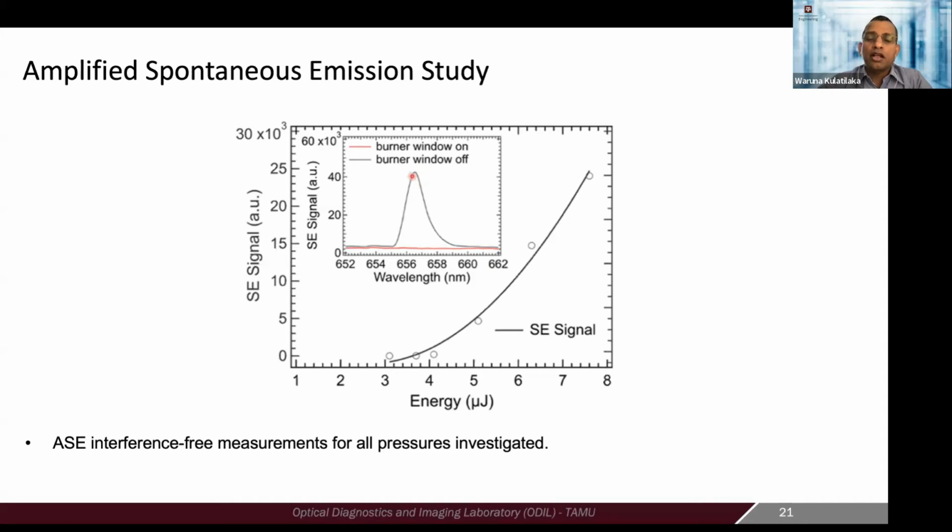Because of that, the excitation efficiency gets a little bit lower, and then the stimulated emission signal basically disappears in the pulse energies we investigated here. So with the burner window on, which is shown by the red line, there is no directional stimulated emission signal, which is an advantage, because we don't want the stimulated emission signal. What we mainly want is all our excited state population going back down through fluorescence.